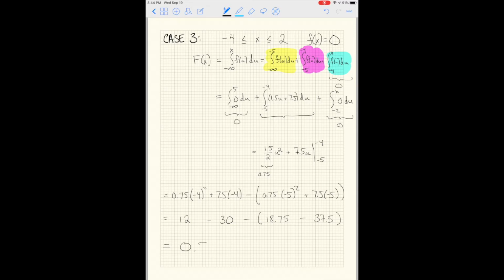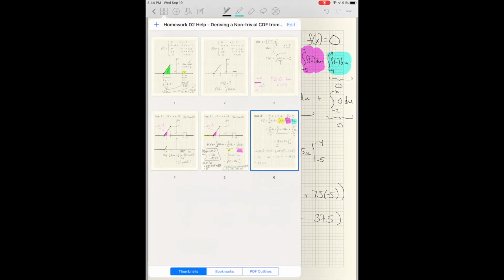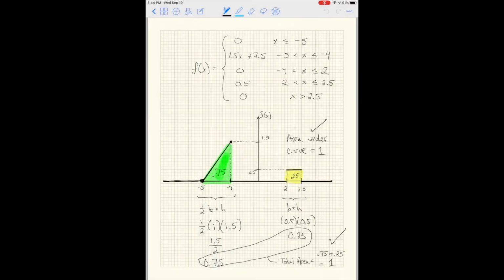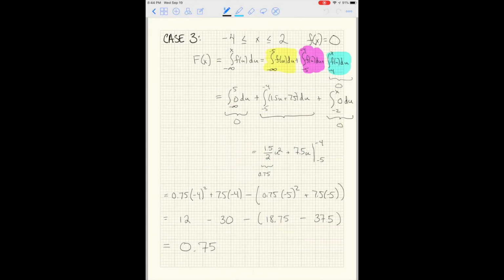Why is that exactly what we expected? Because if we remember back in the previous pages here, the magenta area is just the area underneath this triangle, and now we're taking the whole area underneath the triangle. So we may as well go back to the very first page, and that's this green area, which is exactly 0.75. So that is exactly what we were supposed to get.